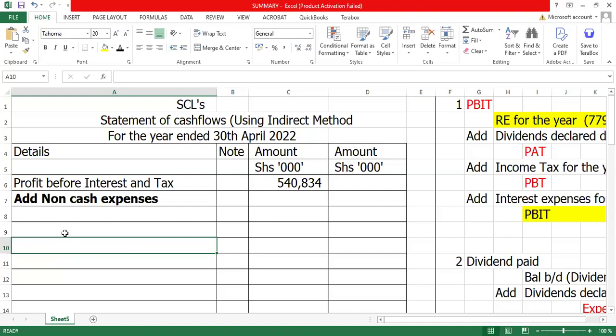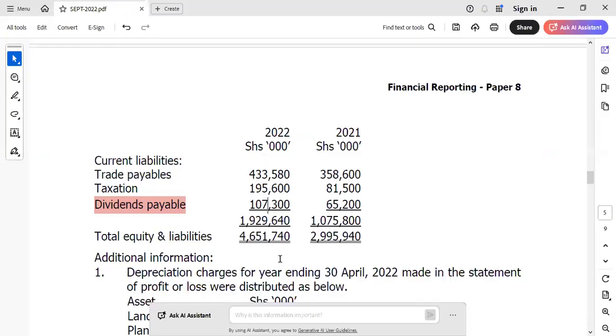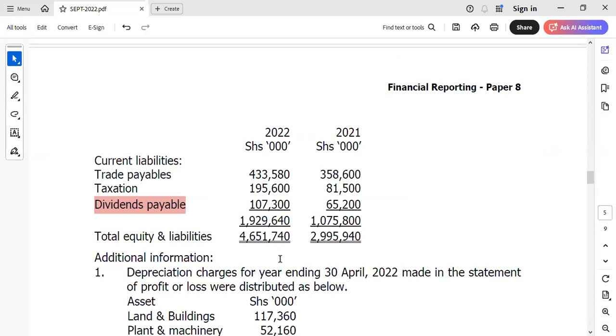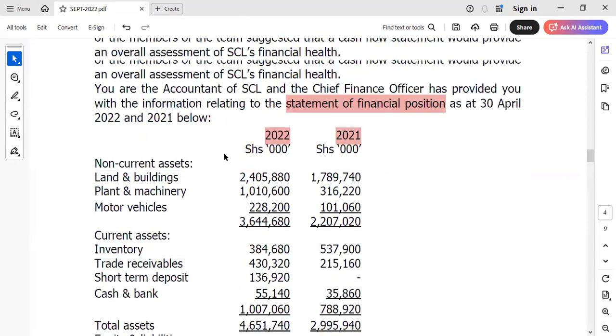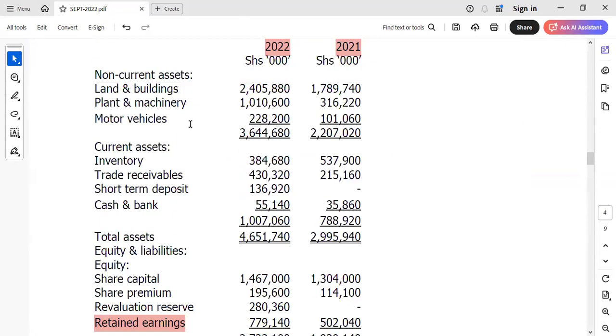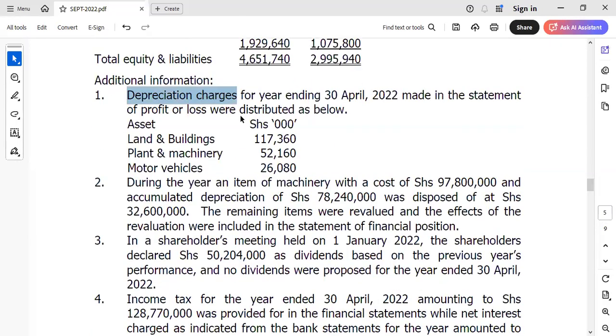So what are non-cash expenses? We talked about them last time. Non-cash expenses include depreciation, amortization, and impairment. Now, where do you look? You need to look for notes that talk about depreciation and revaluation. Here you have depreciation, so take note.